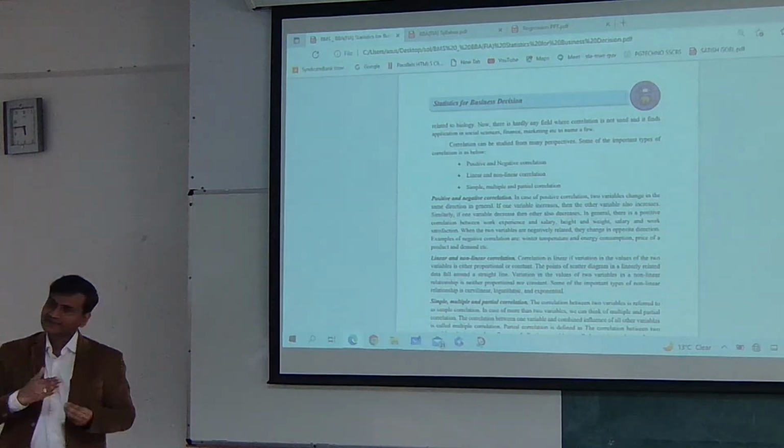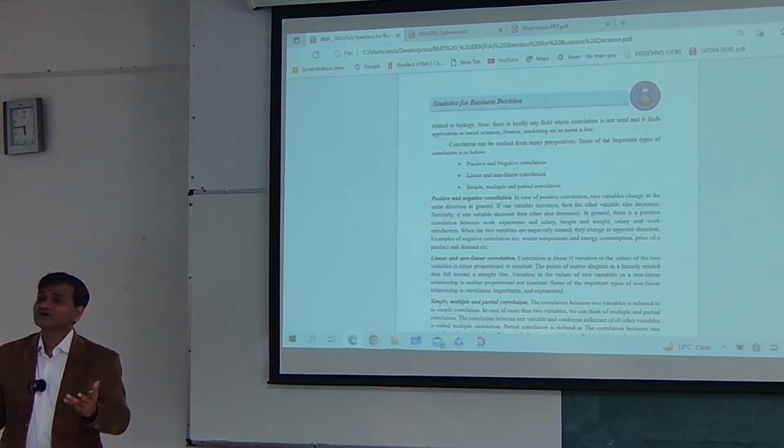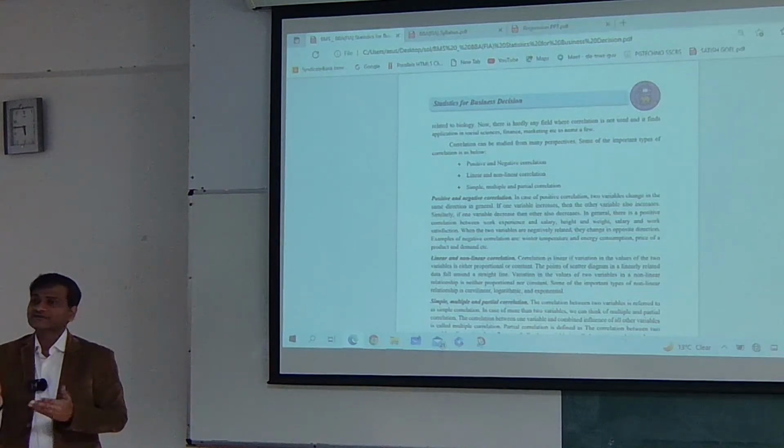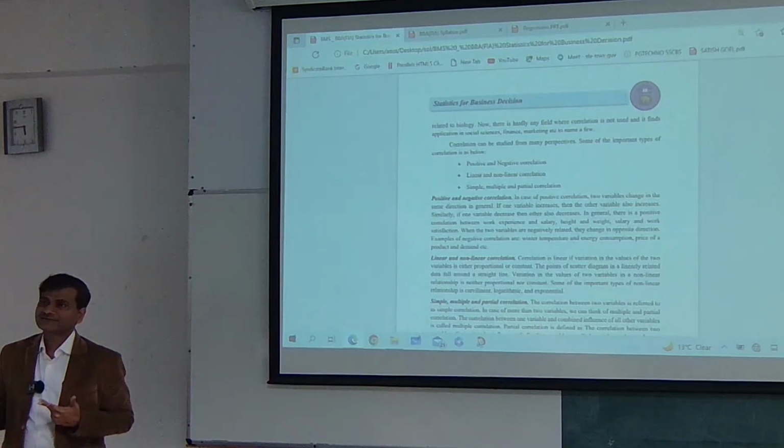If x decreases then y also decreases. So this is the positive correlation. And what is the negative? If x increases while y decreases, or vice versa, then it is called negative correlation.